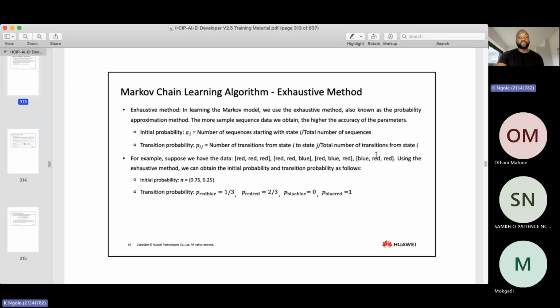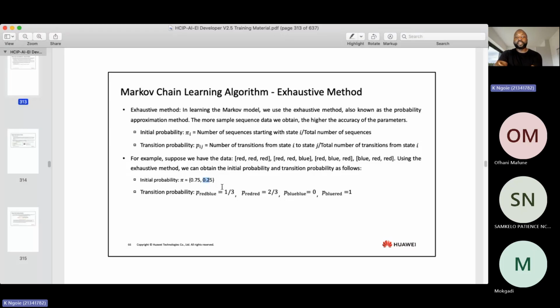When we look at this data, we have 0.75 for red and 0.25 for blue.